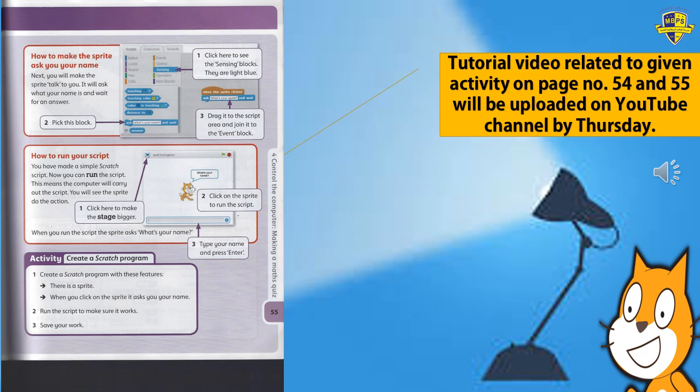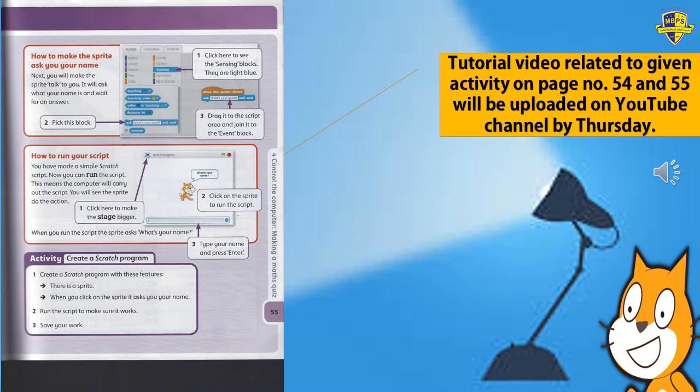So let's read what the activity is about. Create a Scratch program. Number 1, create a Scratch program with these features. There is a sprite, so you have to choose a sprite. When you click on the sprite, it asks you your name.